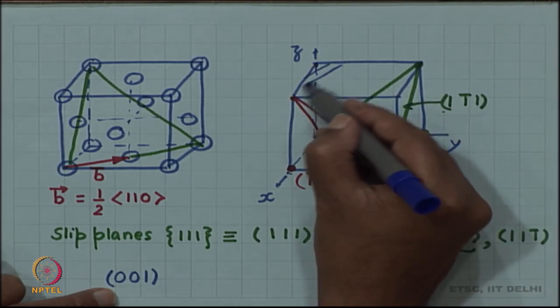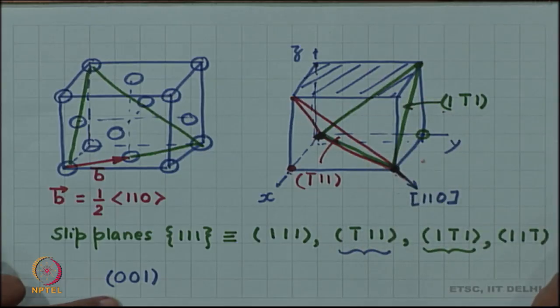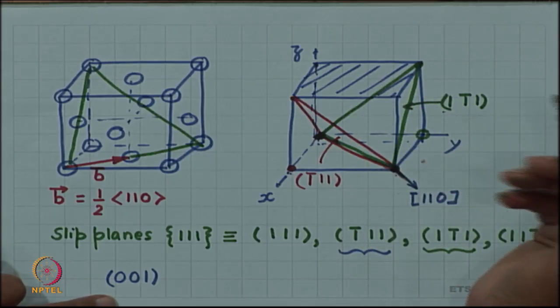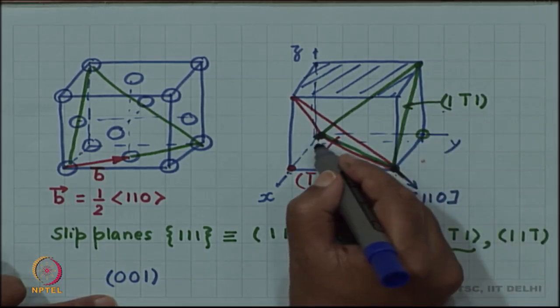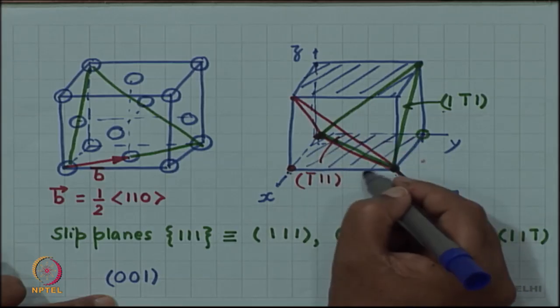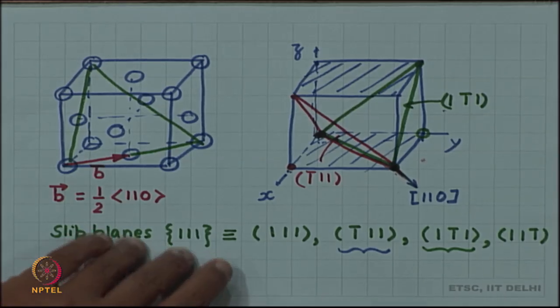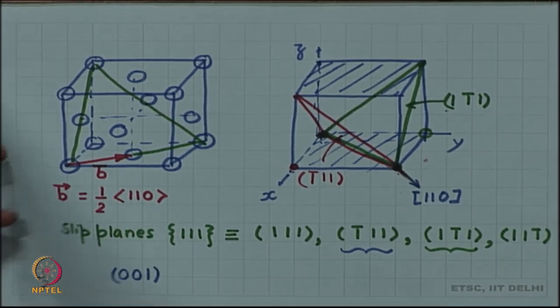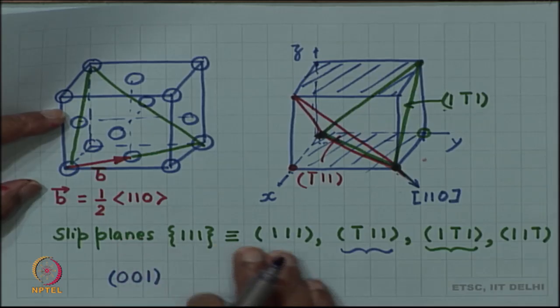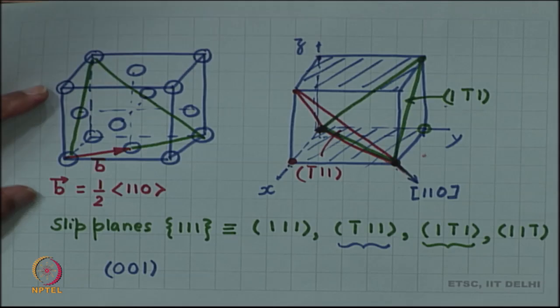So, it is this kind of plane which is the 001, the face of the cube. Now, the face of the cube is not the slip plane. So, in this particular drawing, this face will become the new slip plane of the resulting dislocation line.